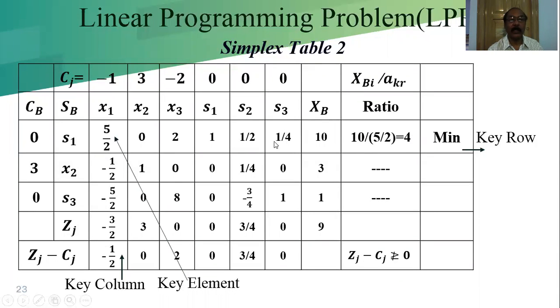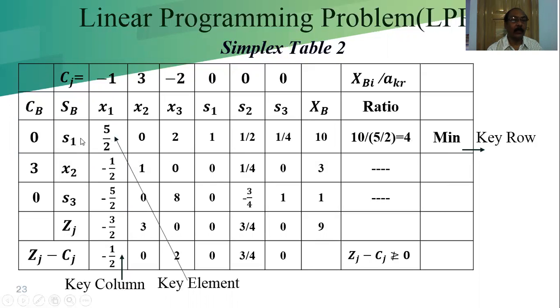So this is our key row. Only one row is left. The other row we cannot use for finding the ratio, because both elements are negative. So the first row is our key row, and the departing variable is S1 and X1 is entering.